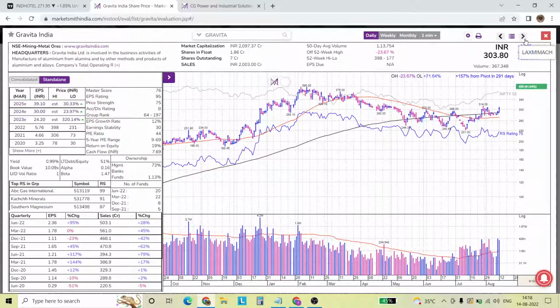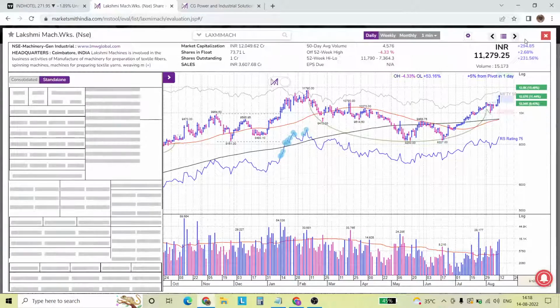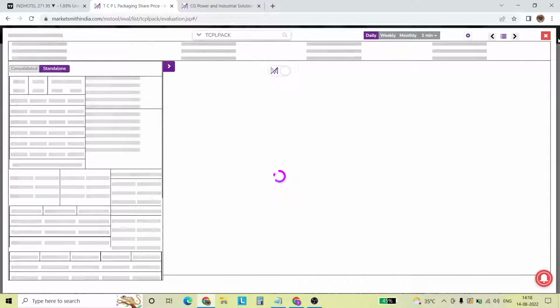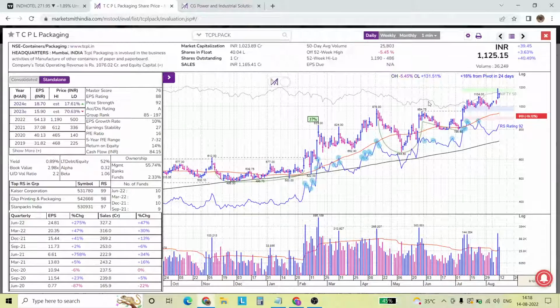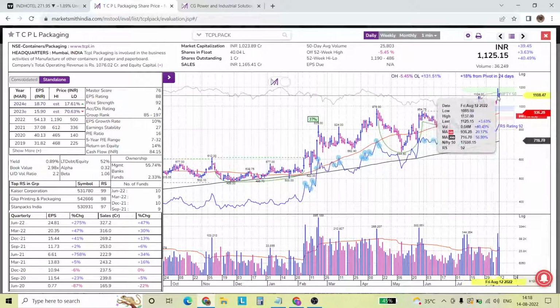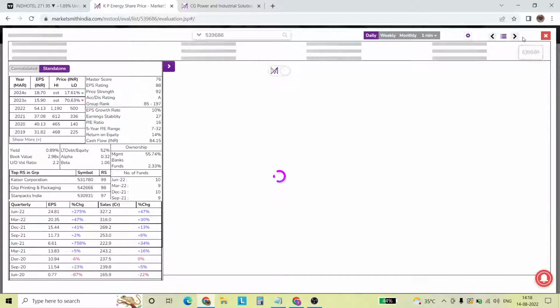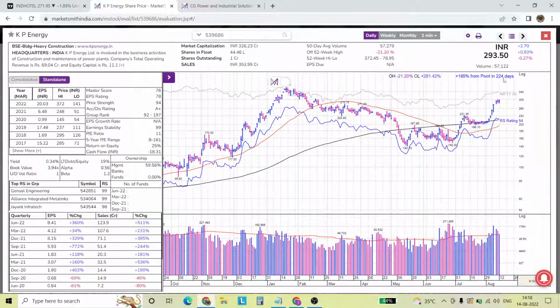And no, this is not good. Not good. Okay, this is some bit of contraction. TCPL Packaging, but it has broken out, so not gonna work.